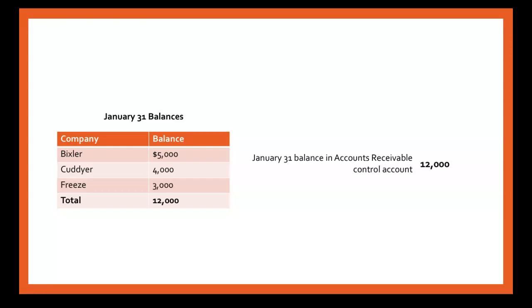And it's not a coincidence, right? The sum of your subsidiaries add up to your control account. So when you add up your subsidiaries here, like we did with Bixler, Kadir, and Freeze, we need to get the same amount as what the balance in our control account would be.